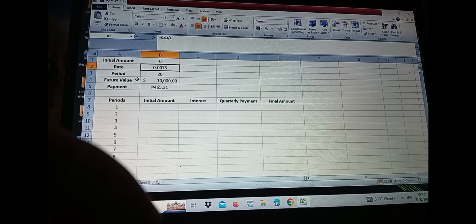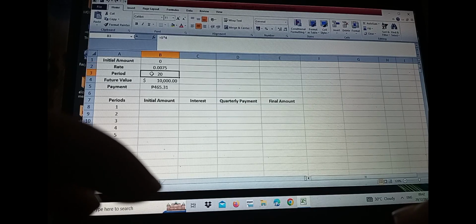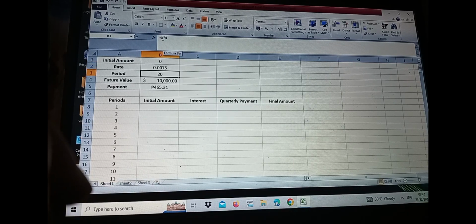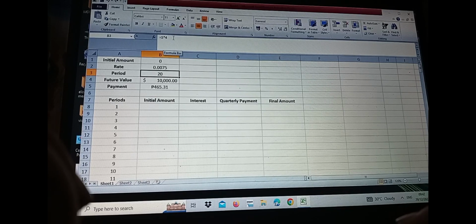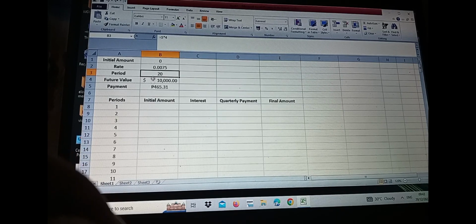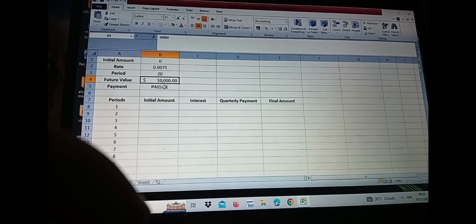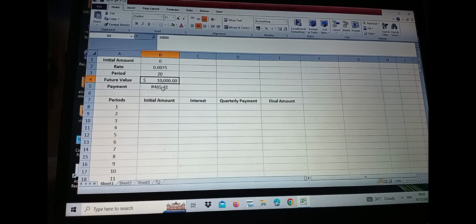And then we have a period which is 20, since we have 5 years times 4 since it is compounded quarterly. Then we have a future value which is $10,000.